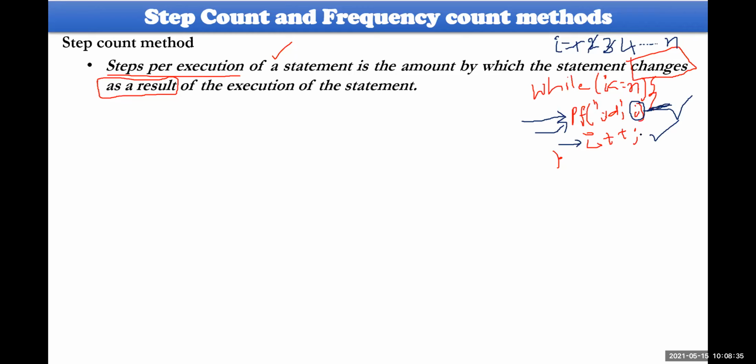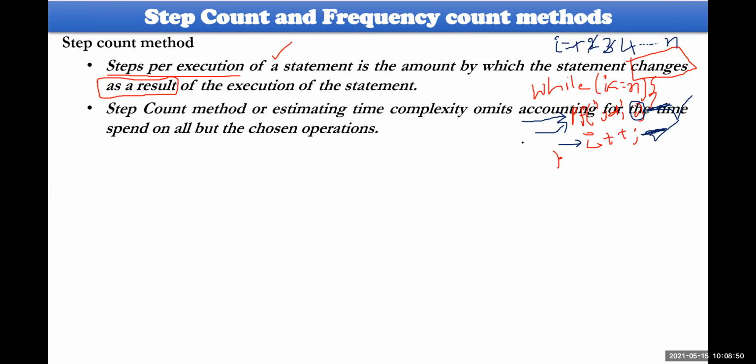Similarly, the value of i is changed here also, so it is also considered as a single step every time. Okay, in this way the step count method is taken into consideration. The step count method also estimates the time complexity by omitting the accounting.